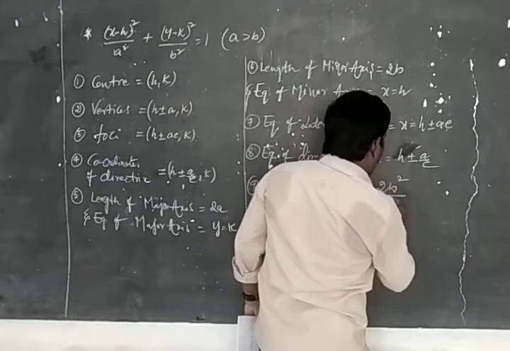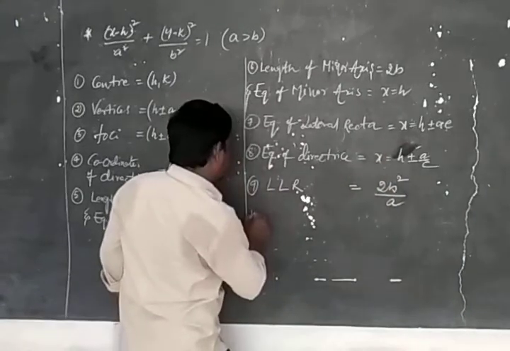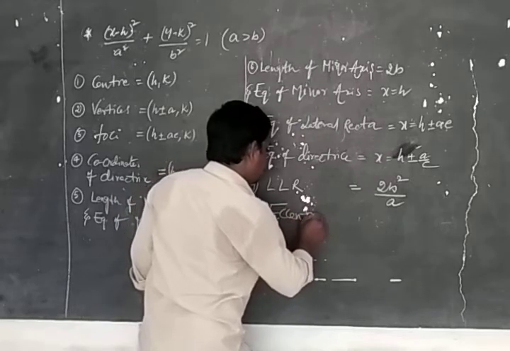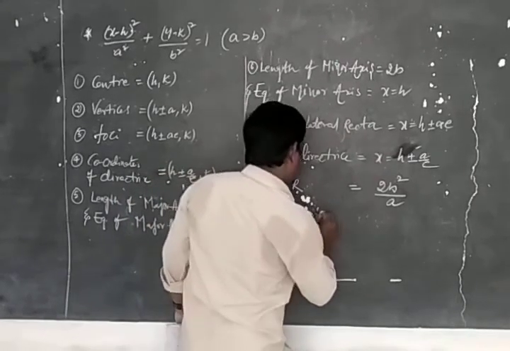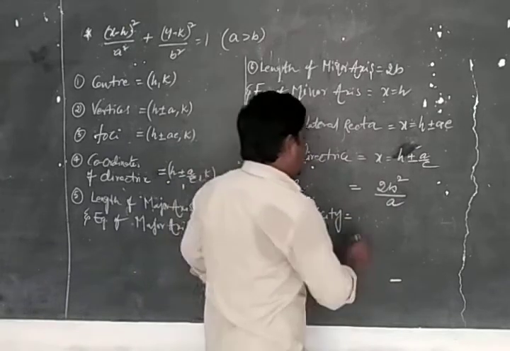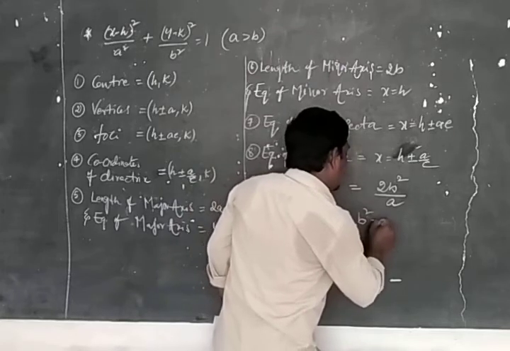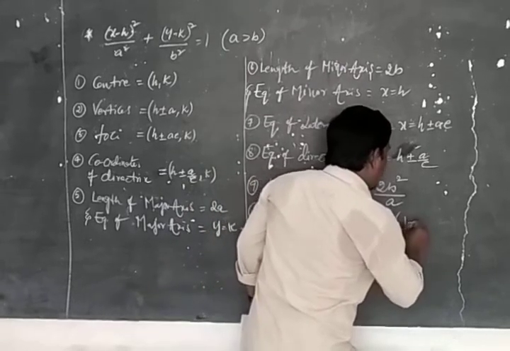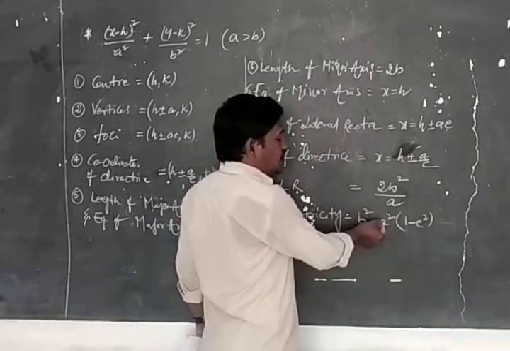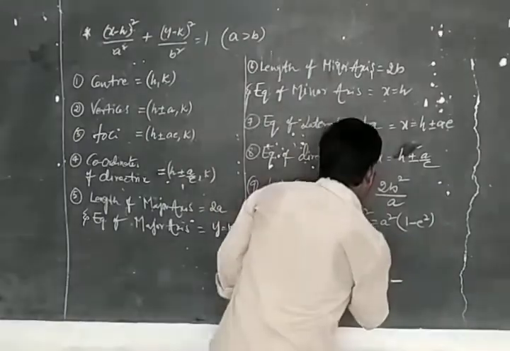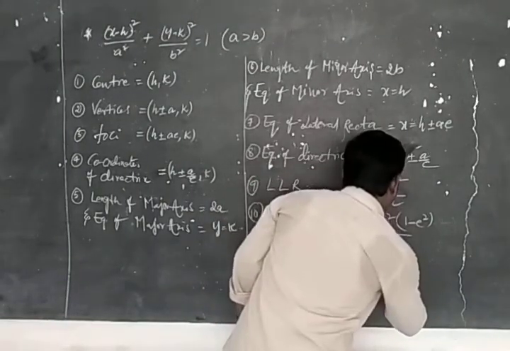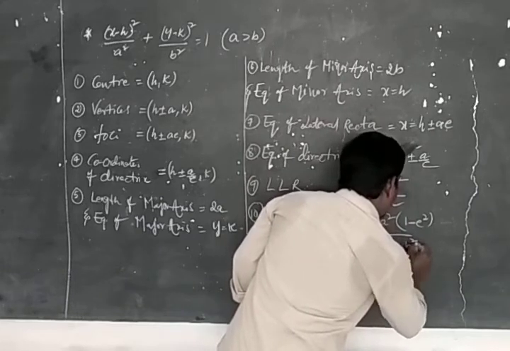Now 10th one, eccentricity. b square equal to a square into 1 minus e square. Now e equal to root of 1 minus b square by a square.